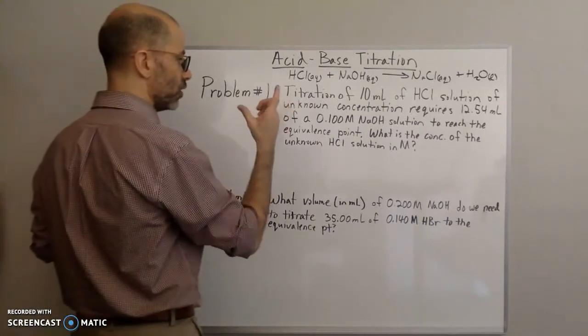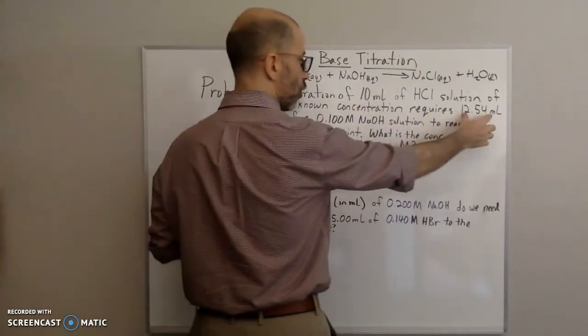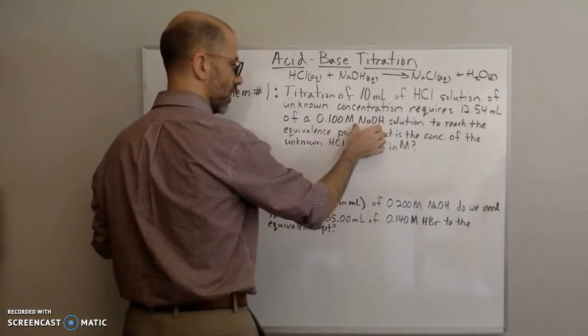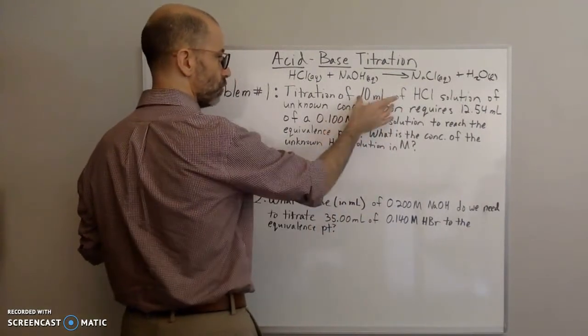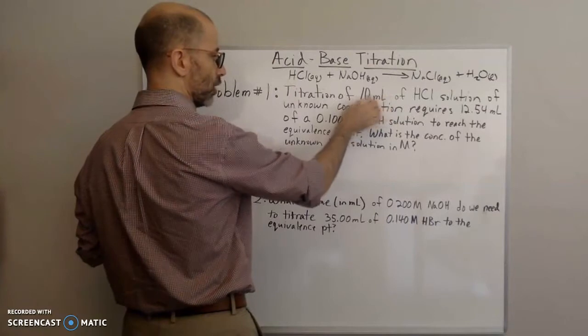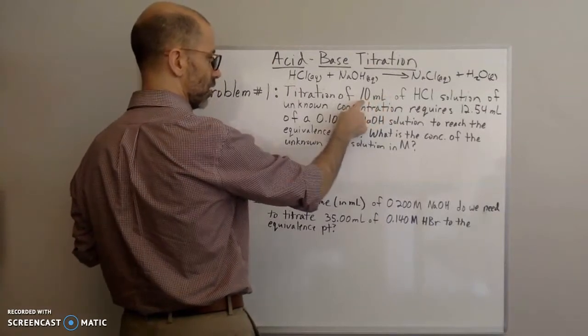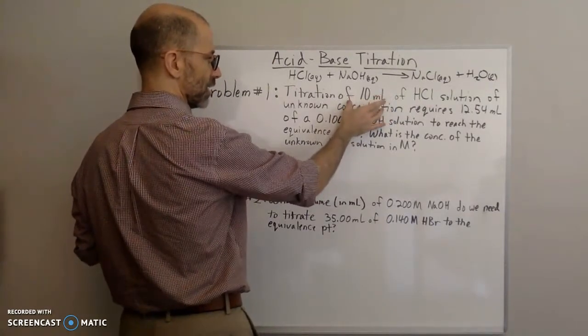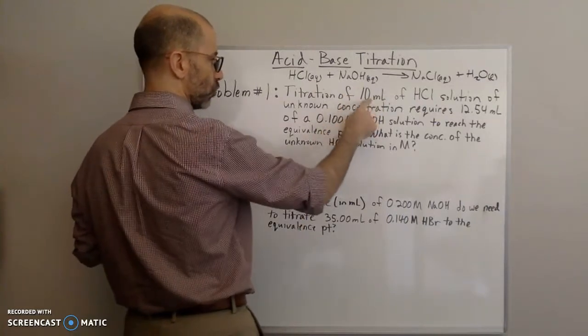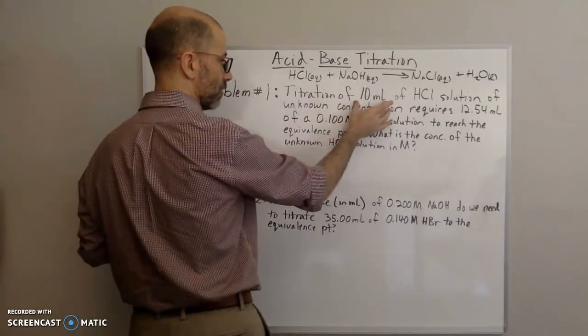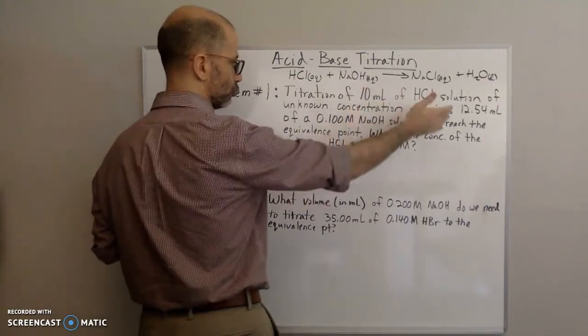We know the volume of HCl, but we're going to use that later. We're not going to start there because it's not going to get us anywhere, since we don't know the concentration of HCl. So we can't convert the volume of HCl to moles.